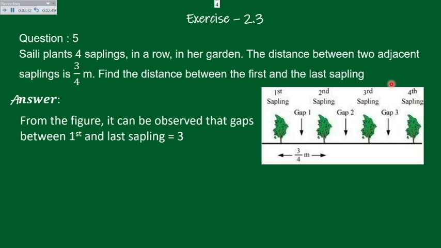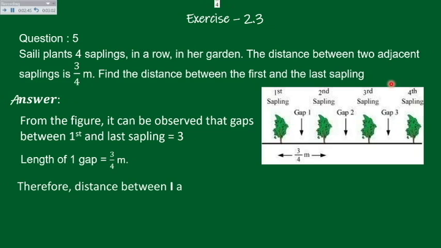Then the length of a gap equals 3/4 meter. So to find the distance between the first and last sapling, you will multiply 3/4 with 3. Understand? And whatever answer you get, write it in the comment box. Now next question.